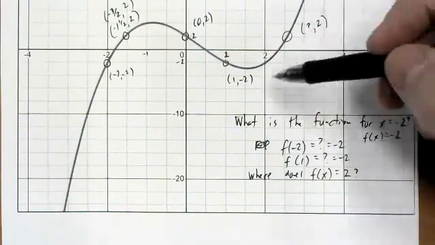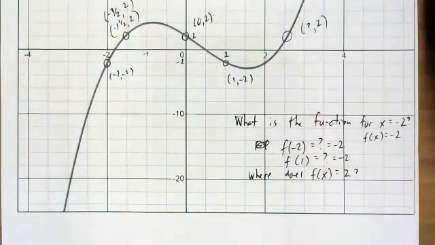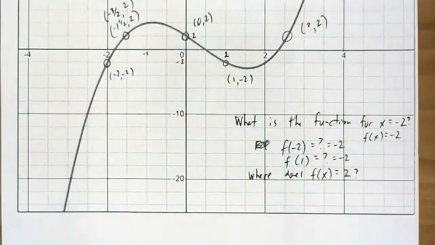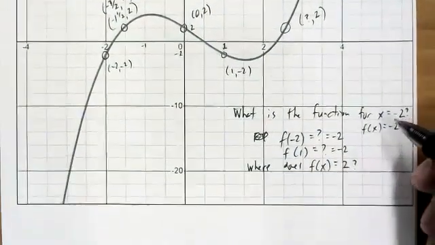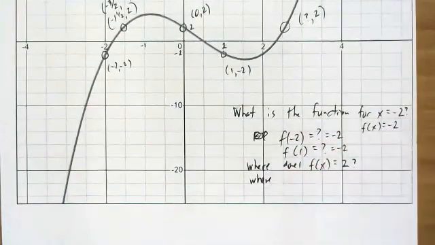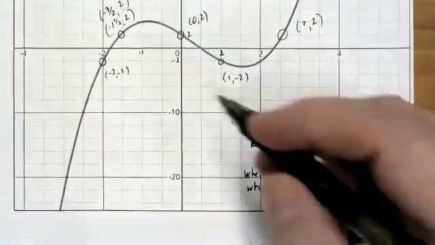Of course, I'm just sort of asking these questions as I go, and as it turns out, that one's a little tricky. Here's one that has a precise answer. So the point is, if I answer this question, where does f of x equal 2?